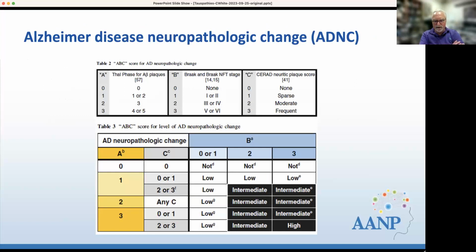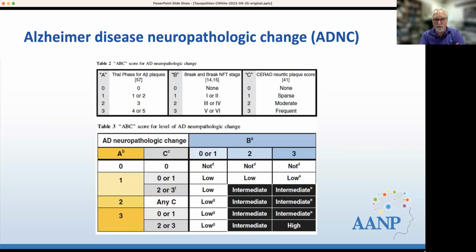Now, 1 year ago, Eddie Lee gave a really nice talk on the diagnosis of Alzheimer's disease and its associated comorbidities. So I'm not going to go into detail repeating what he said. I would refer you back to the recorded version of his session if you want a refresher on this. But I will just illustrate quickly these two tables from the 2012 article that point out that for a diagnosis of Alzheimer's disease neuropathologic change, we score the Thal phase of A beta deposition.